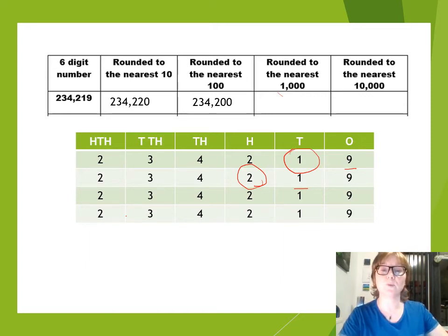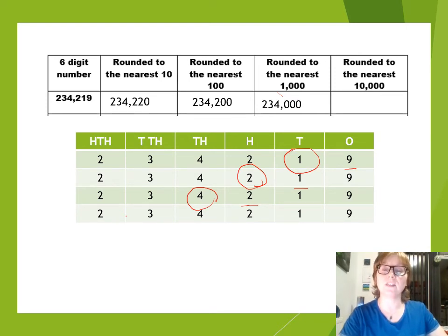And if we do the same process with rounding to the nearest 1,000, so we circle the digit which is in the thousands place, and we underline the digit to the right, which is the hundreds. And we can see that we have a 2, which means that the 4 will stay the same. So we end up with 234,000.